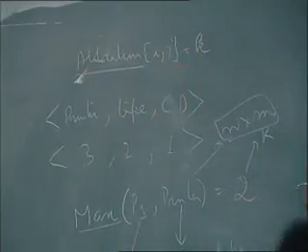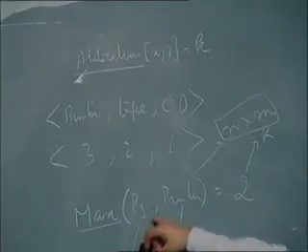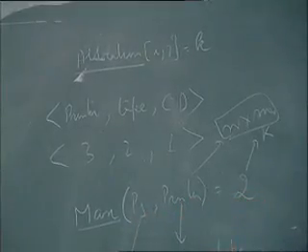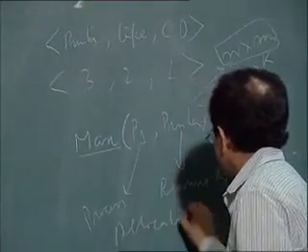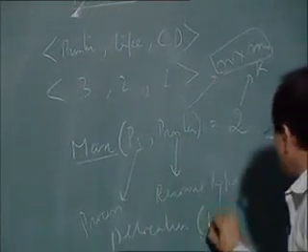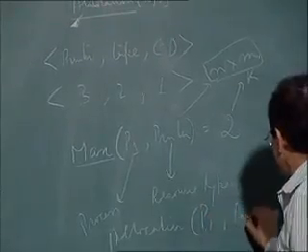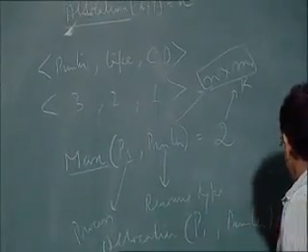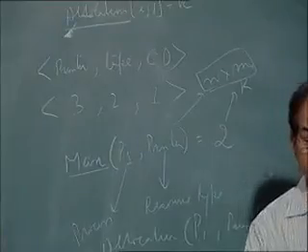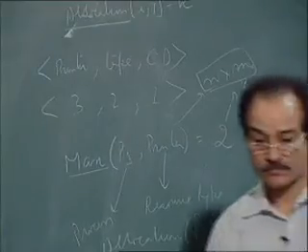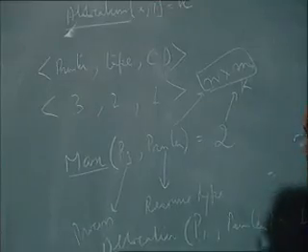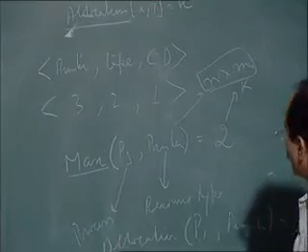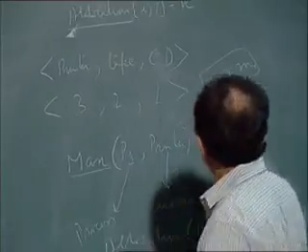The maximum printers required by process P 1 is 2, but my allocation for P 1 for printer can be only 1. And then the next matrix which we have is the need matrix.